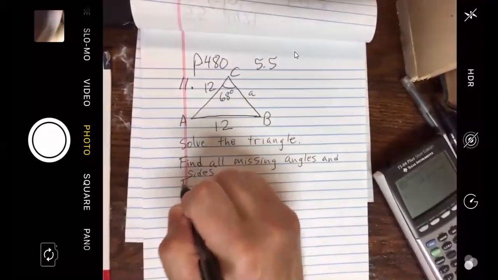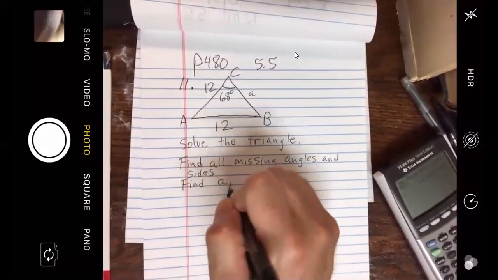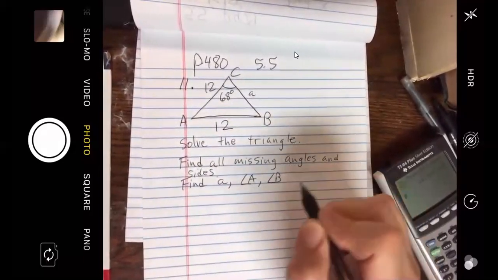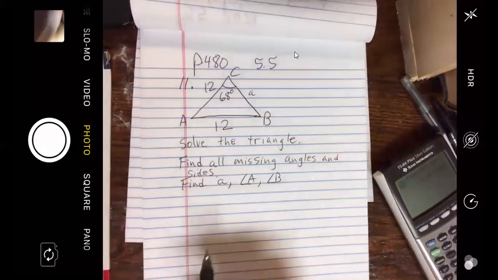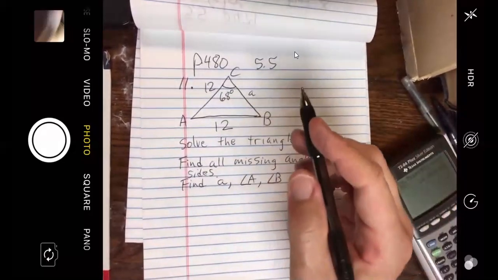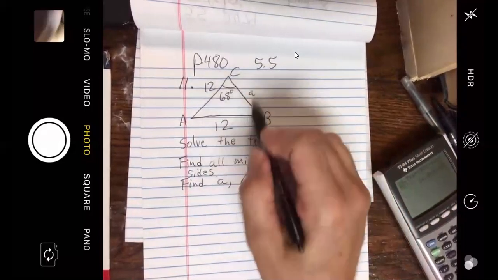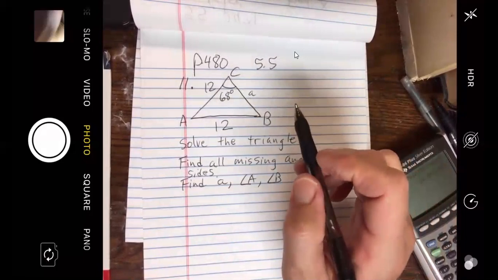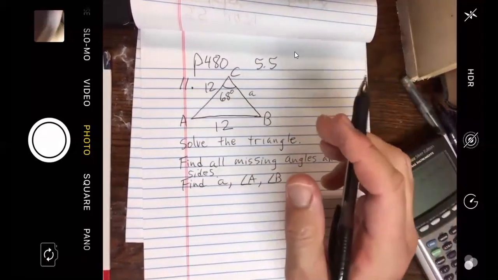So basically you want to find little a and angle B. If we can get one of the angles, you can always subtract the other two from 180 and get the third angle. You can't apply the Pythagorean theorem. You can't assume it's a right triangle. So just to get arbitrary how you go about it.